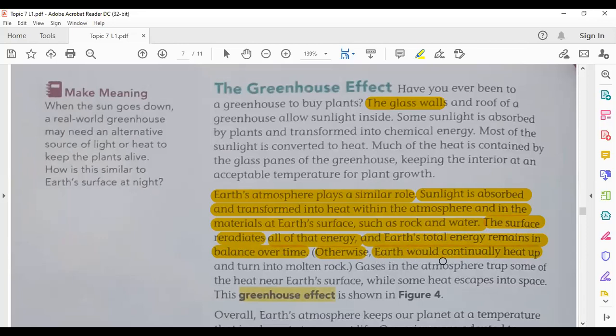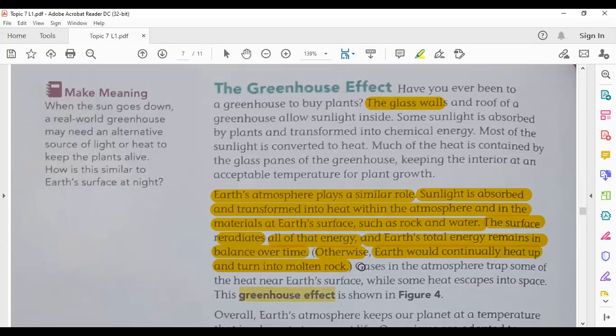It would continually heat up and turn to molten rock. What is the meaning of molten? Like lava. Lava that isn't erupted. Molten rock becomes like magma or lava. Melt or molten, the same thing.